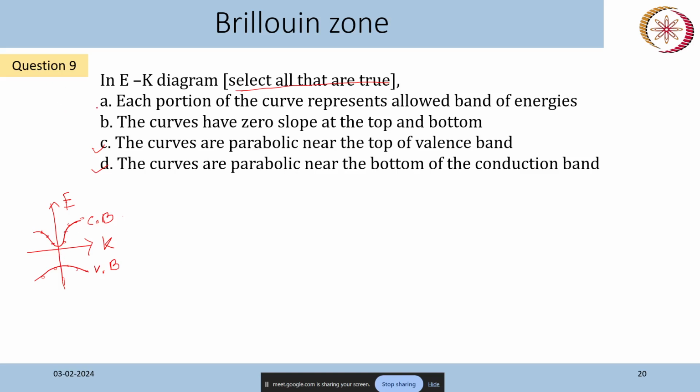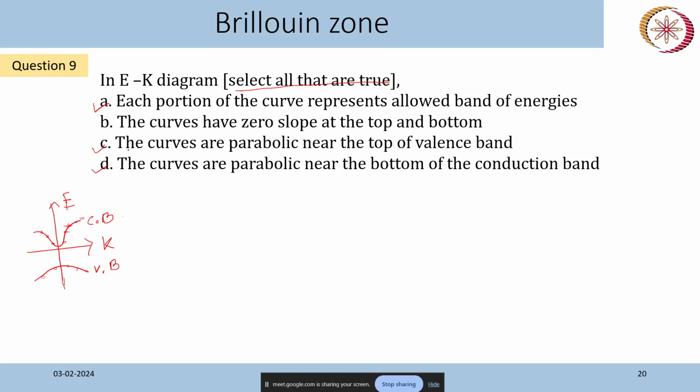So the first option is also correct. Each portion of the curve represents an allowed band of energies, and there are many states between these two also, right? And then the curves have zero slope at the top and bottom.